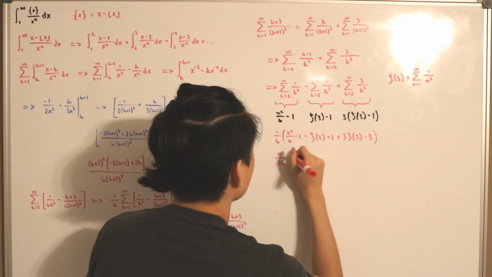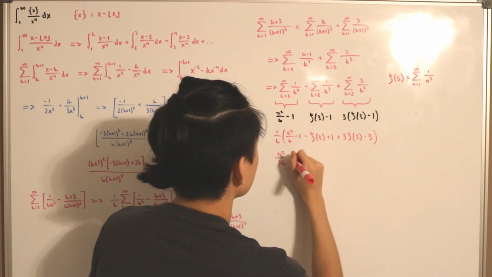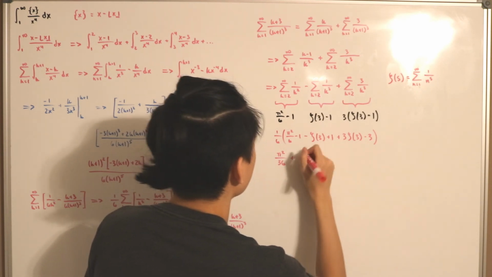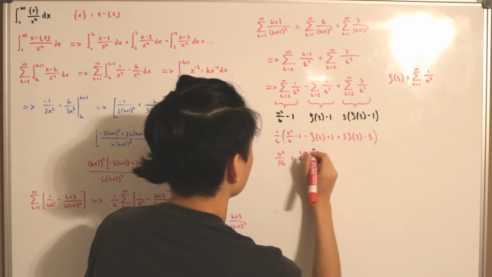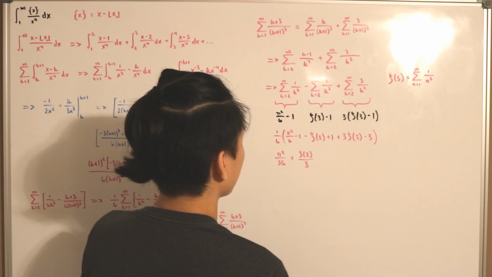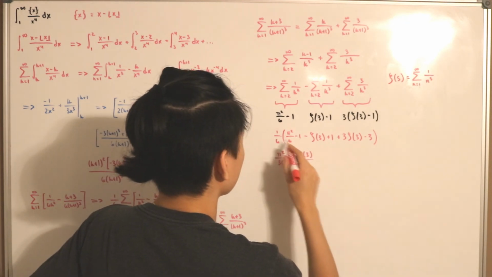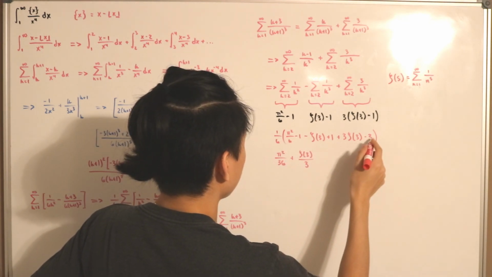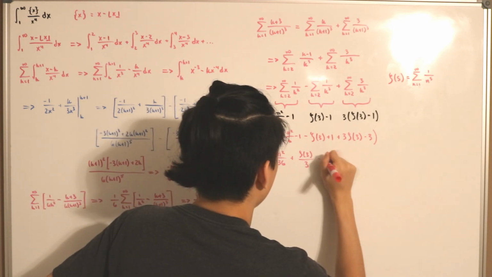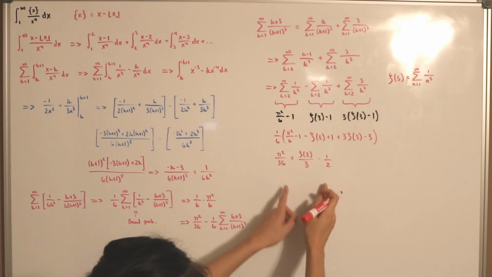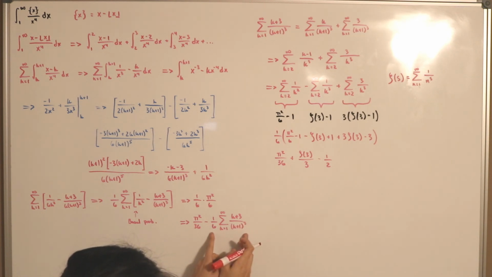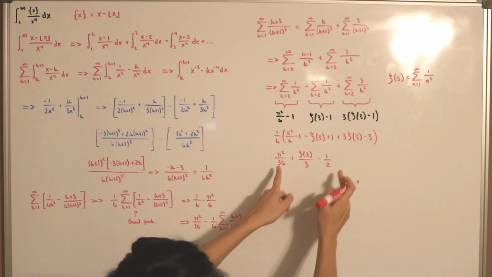This is plus 2 divided by 6, so zeta 3 divided by 3. And then we have minus 3 times 1 over 6, so this is minus 1/2. So our summation multiplied by 1 over 6 is equal to this expression here.